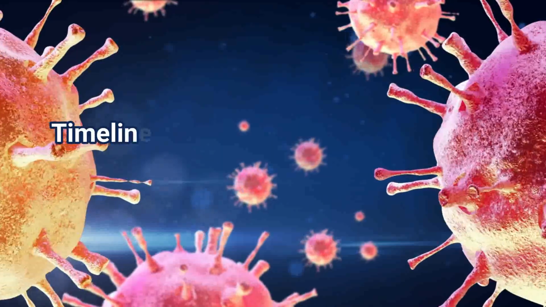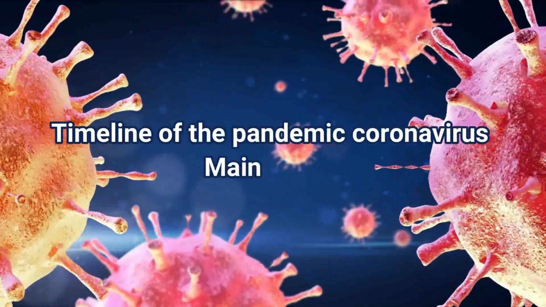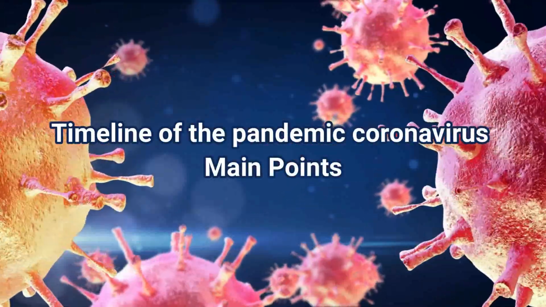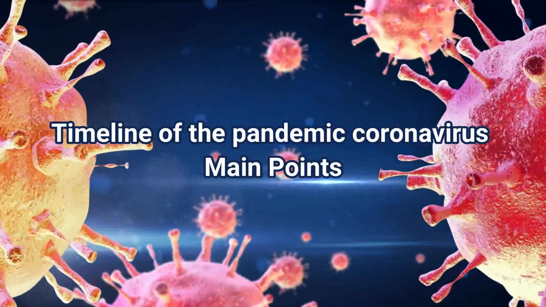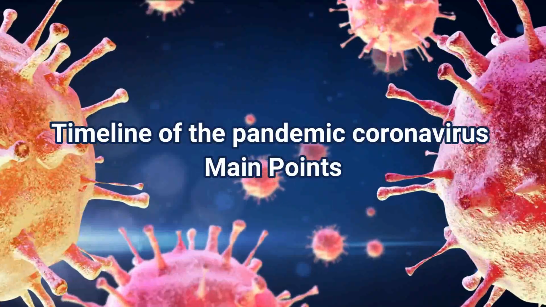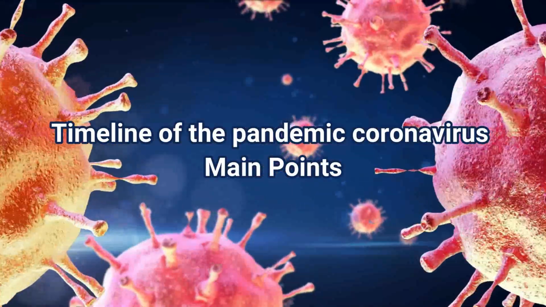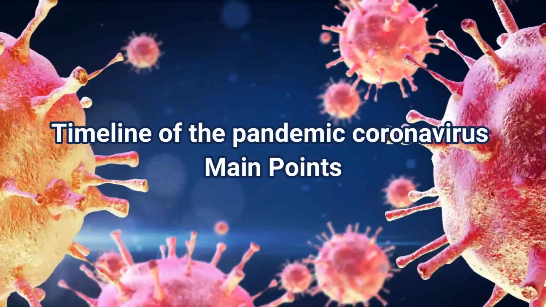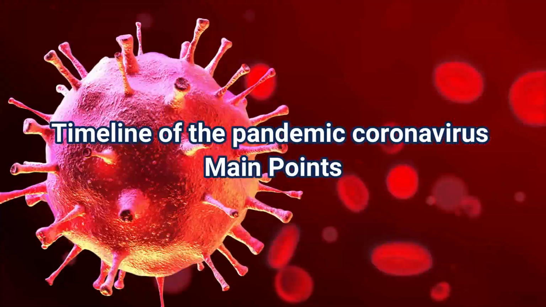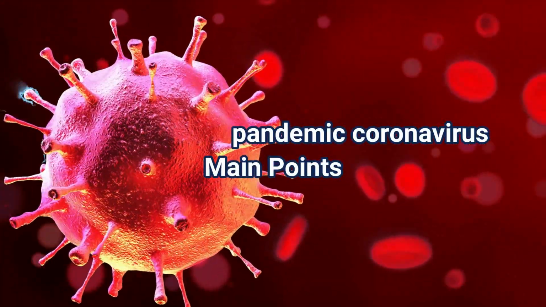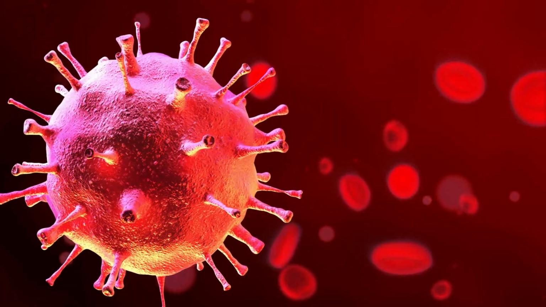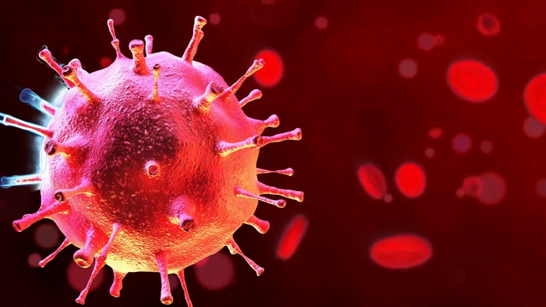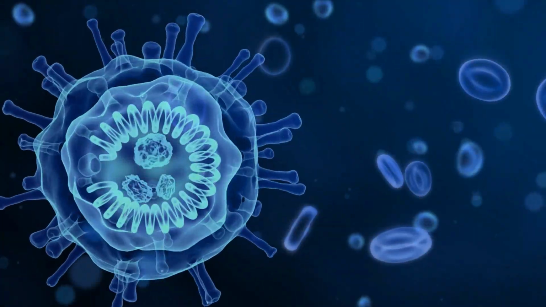First cases timeline. December the 31st, China alerted the WHO to several pneumonia cases. January the 11th, China announced the coronavirus's first death. January the 13th, the WHO reported the first case in Thailand outside China's mainland.